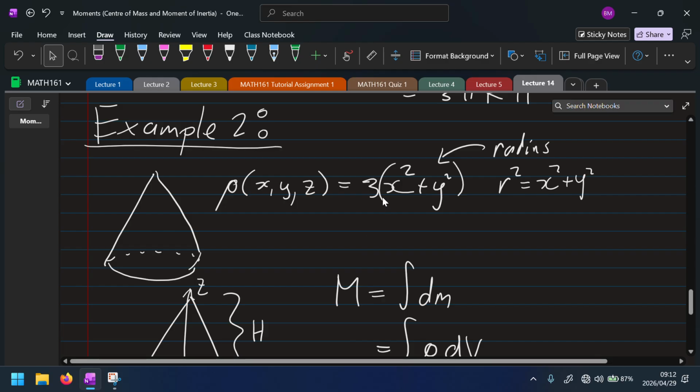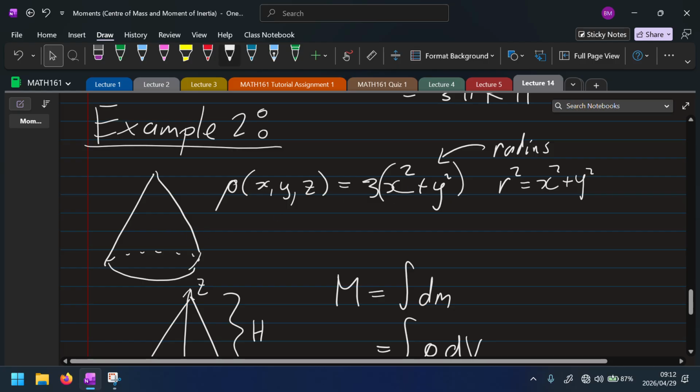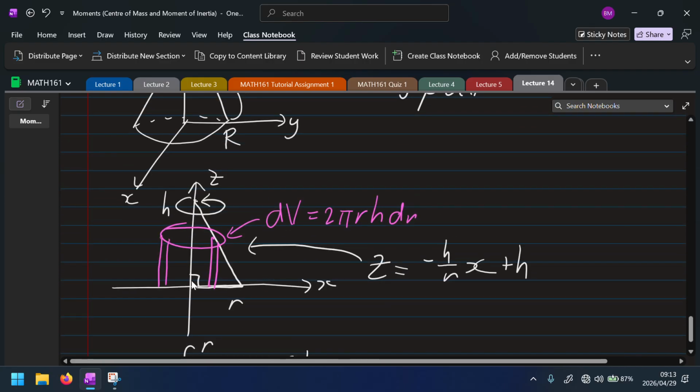So here we need the radius squared. So what do we use? X squared plus y squared. That's this radius here, right? From the axis going outwards. That's the radius squared at that point. We drew this little diagram here. We've got the radius going along x, right?